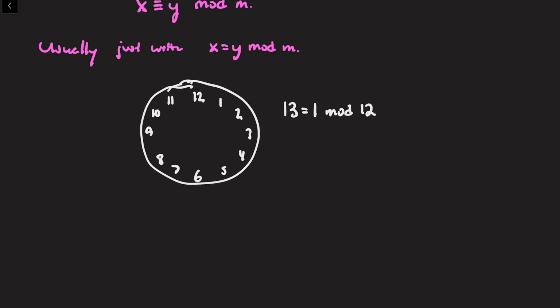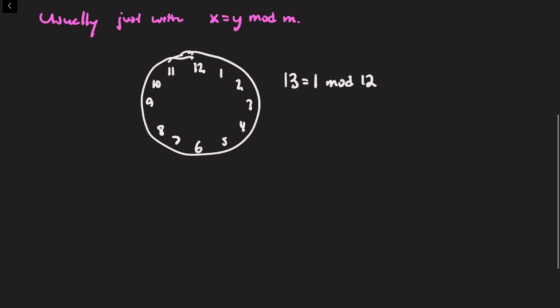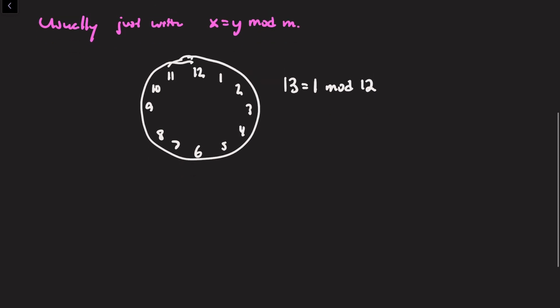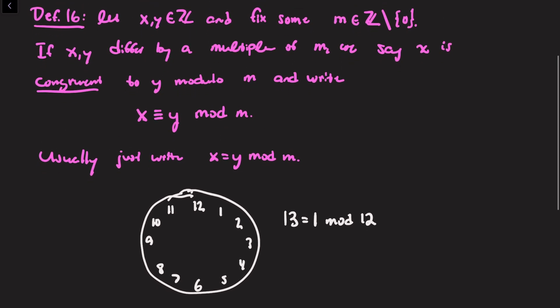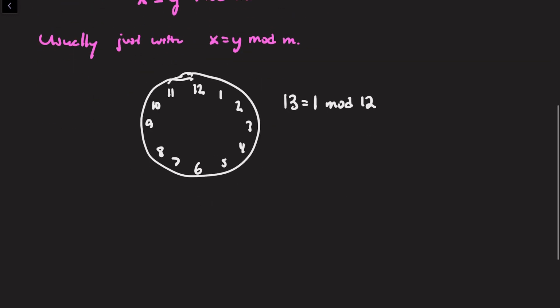And we can actually show this. To show that 13 equals 1 mod 12, we need to show that 13 and 1 differ by a multiple of 12. Well, of course. 13 minus 1 is 12, and certainly 12 is a multiple of 12.